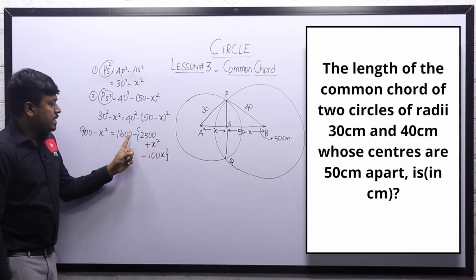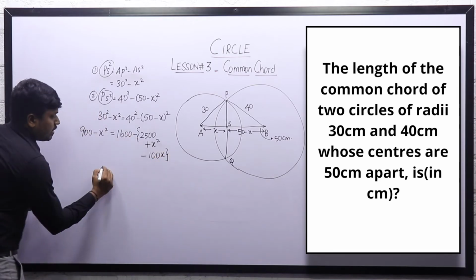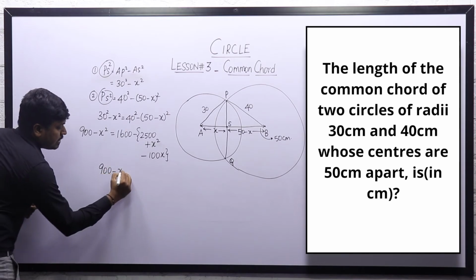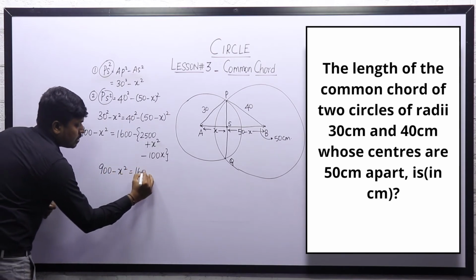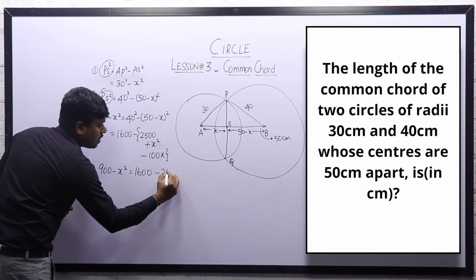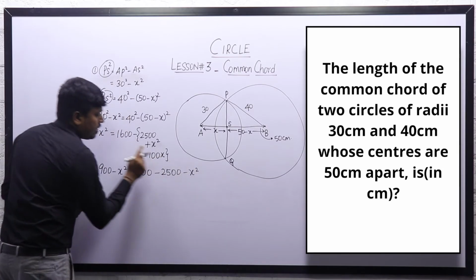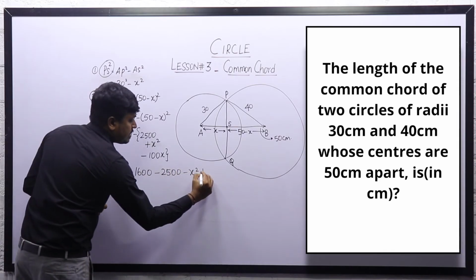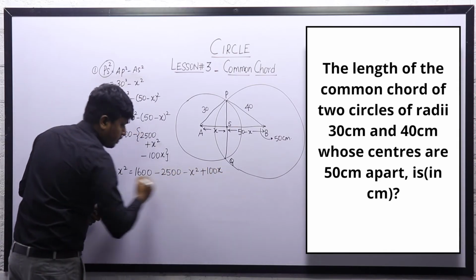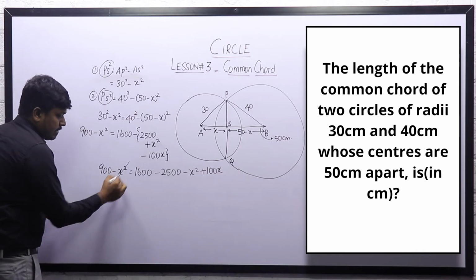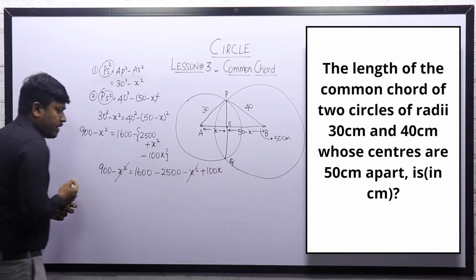So now we need to multiply this minus inner side, so 900 minus x square is equal to 1600 minus 2500, so minus into plus will be minus x square, so minus into minus will be plus 100x. So we can cancel x square here, x square here.